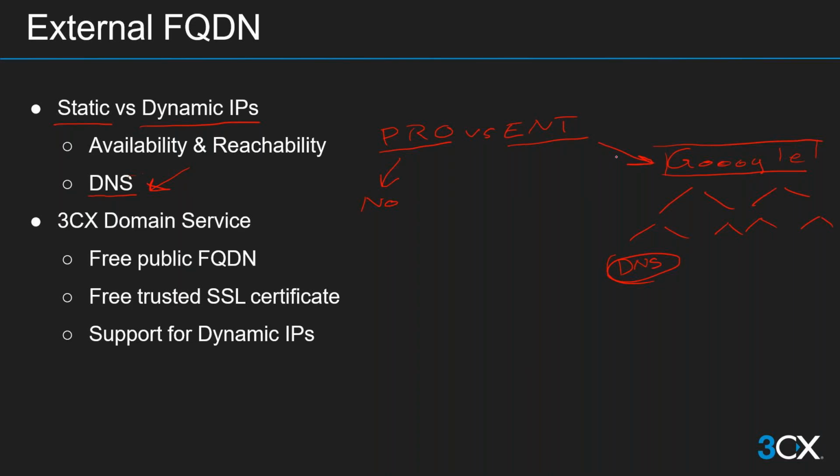Which means your customers' phones that try to reach the FQDN will go to the old IP address. On a Pro, it is first of all not actively pushed to Google, so it takes roughly 2 hours until it is generally picked up by Google, and then we literally go through the same flow again. So there can be quite a lot of delay in that regard.